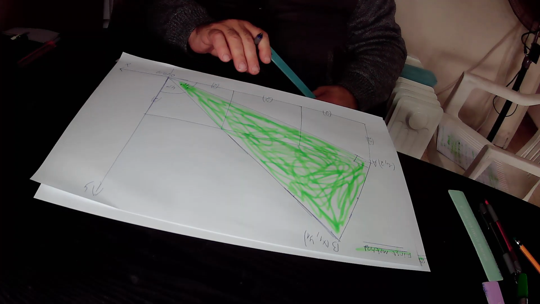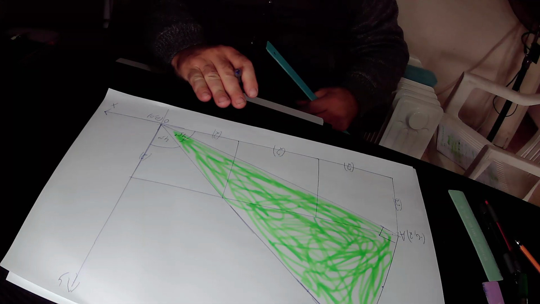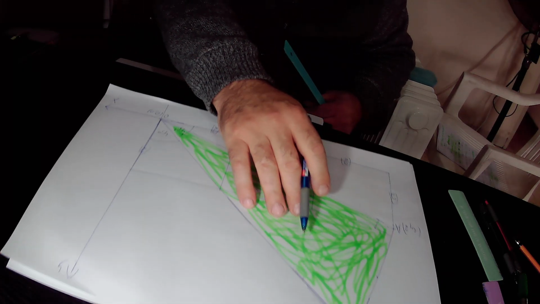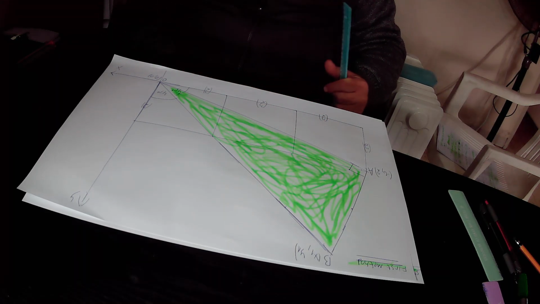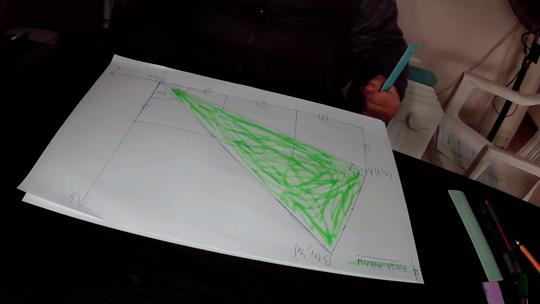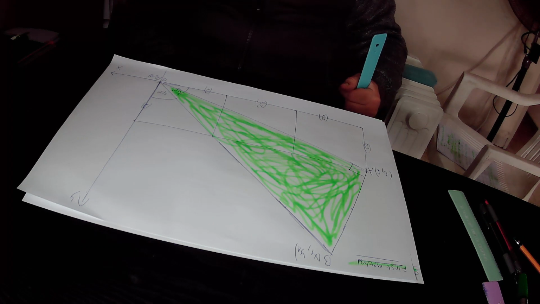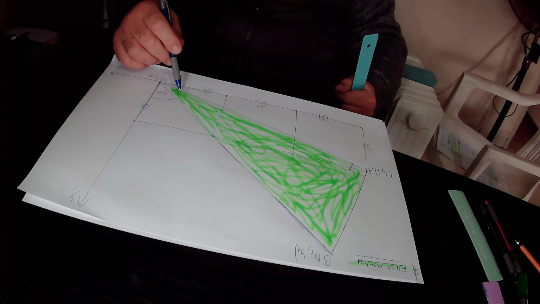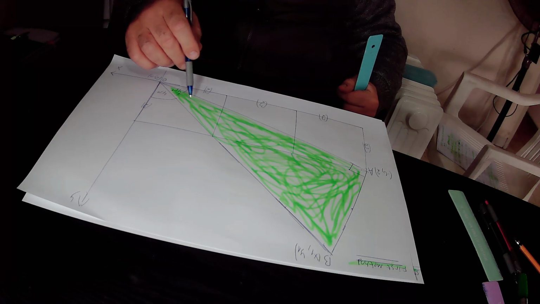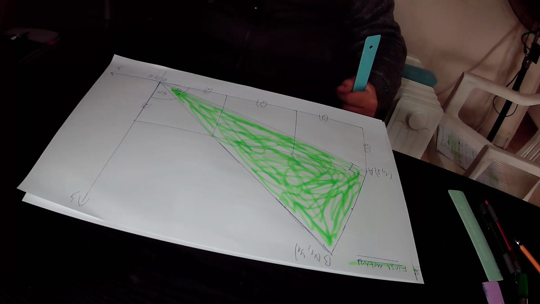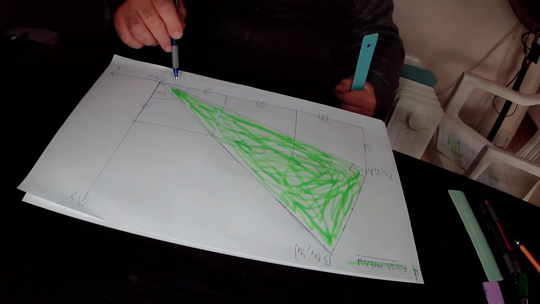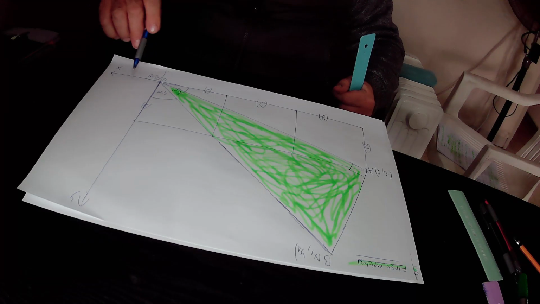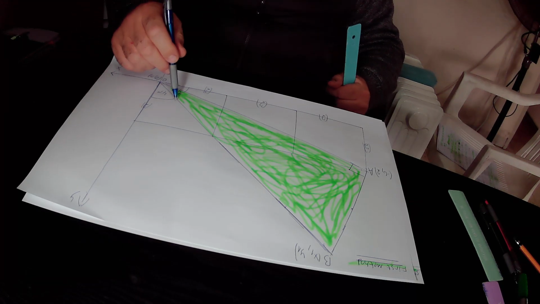In the next step, we will find the slope of this straight line BO. According to the definition of a slope, the slope of a straight line is the tangent of the angle it creates with the positive x-axis. The tangent of the angle that this straight line creates with the positive x-axis is this angle.